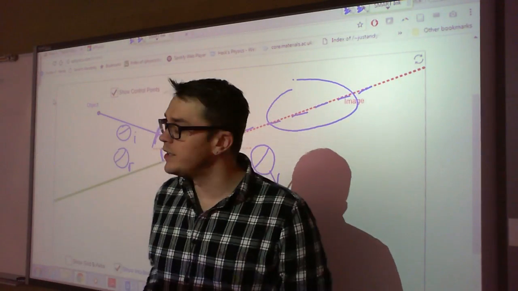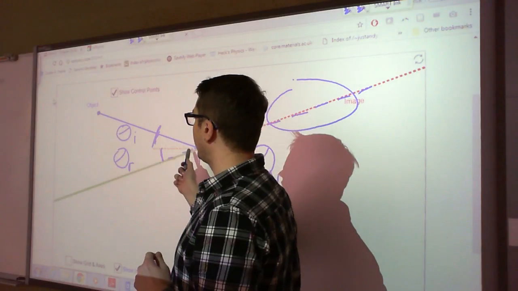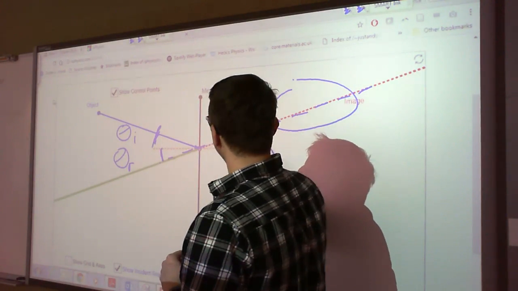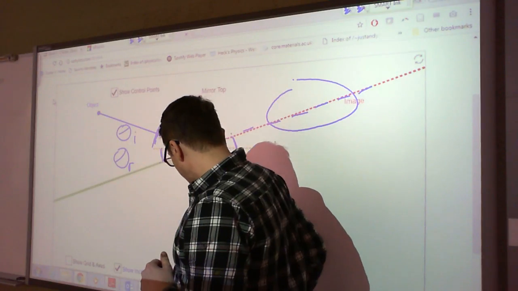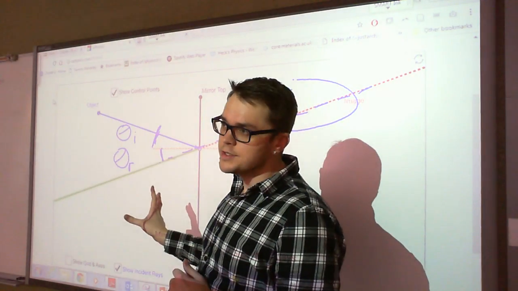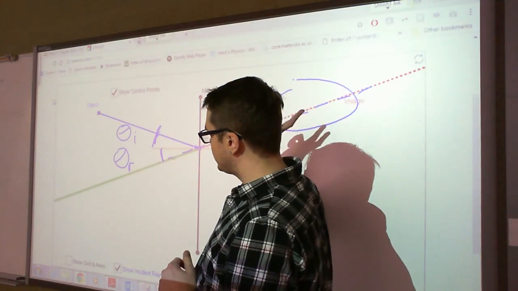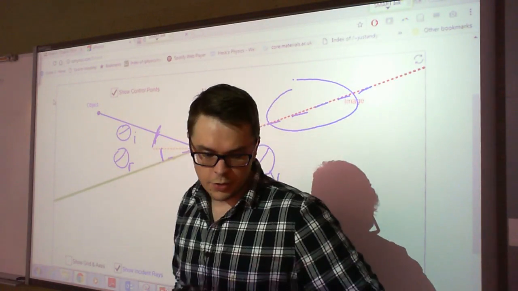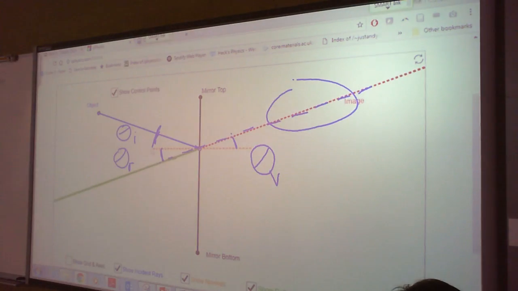So you're going to want to be able to identify an object has an incident ray and a reflected ray, and drawing this reflected ray straight back leads to your image. But we don't know exactly where the image is based off of that single ray analysis, right? I can't say exactly where it is along here. So what I'm going to do is add a second ray.